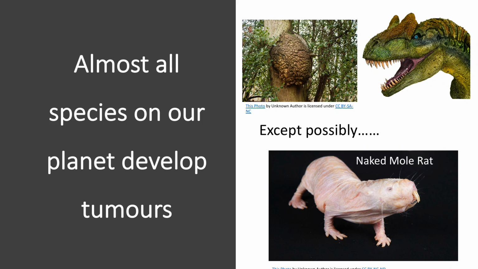It lives in burrows under the ground, comes out only at night. It's hairless. And actually, for its body mass, it lives almost 300 years in human terms. So it's very, very long-lived. And several research evidence suggests that this naked mole rat is the only species that doesn't develop tumors.